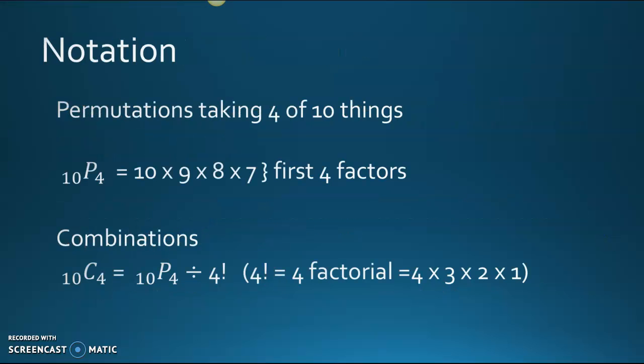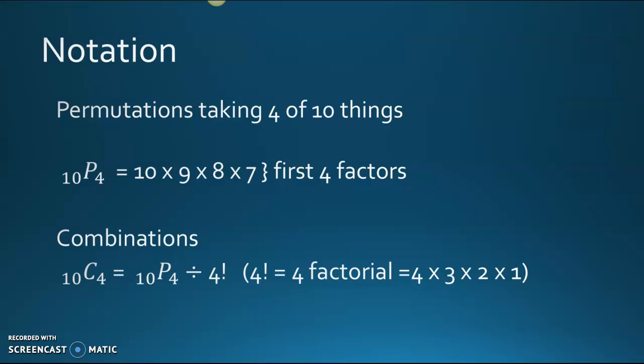In terms of notation, for permutations, choosing 4 of 10 things, we would say we have 10 things, number of permutations, taking 4, 10P4. That's the same thing as 10 times 9 times 8 times 7, the first 4 factors starting at the largest number, 10. For combinations, we do the same thing to start with. It's 10 choose 4, and we do the number of permutations, and then we divide that by 4 factorial.